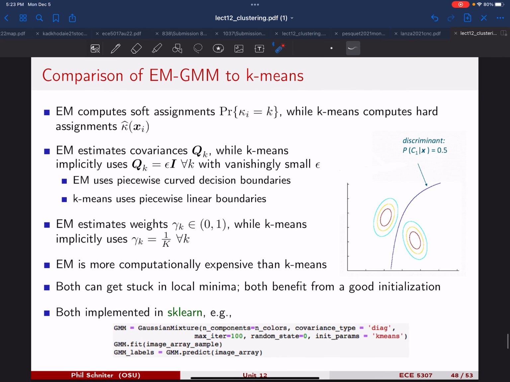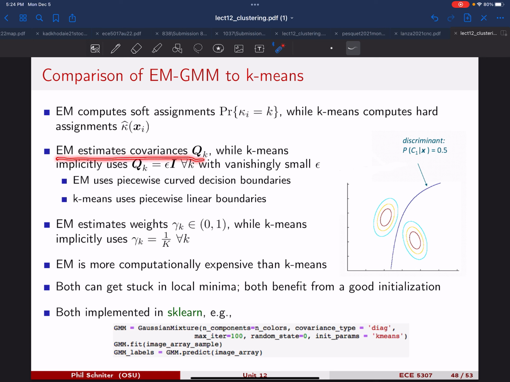All right, so this EM algorithm is actually not so different from k-means. Let's talk about some of the similarities and differences. So both of them are iterative algorithms, but EM computes soft assignments, these probabilities, while k-means computes hard assignments, so just integers.